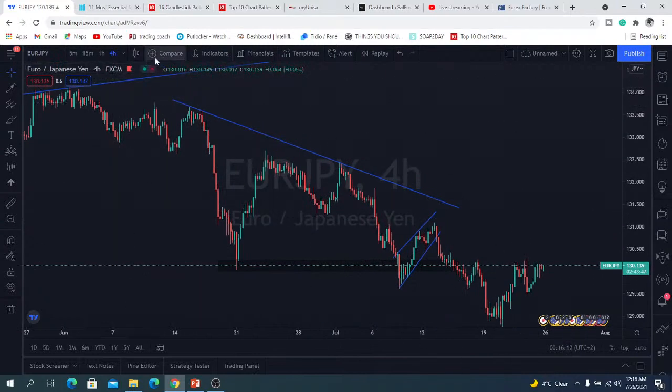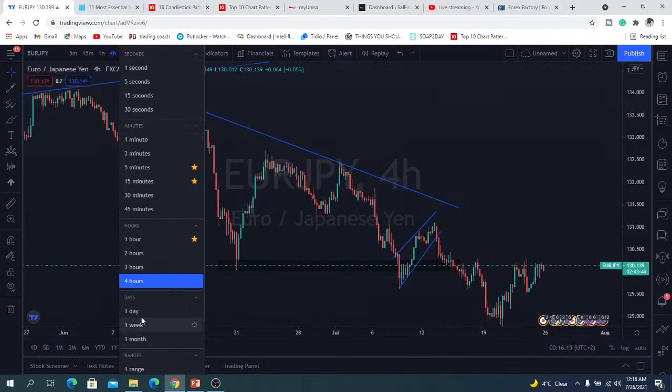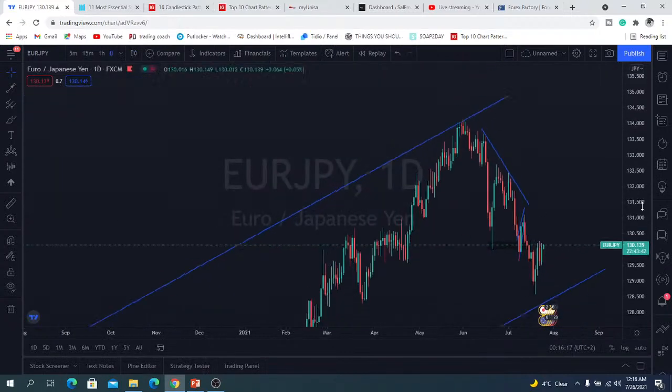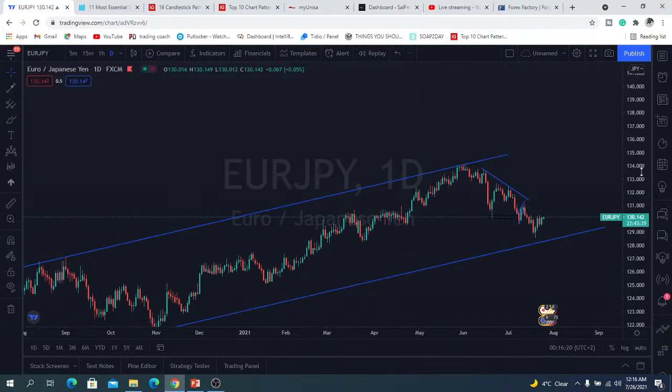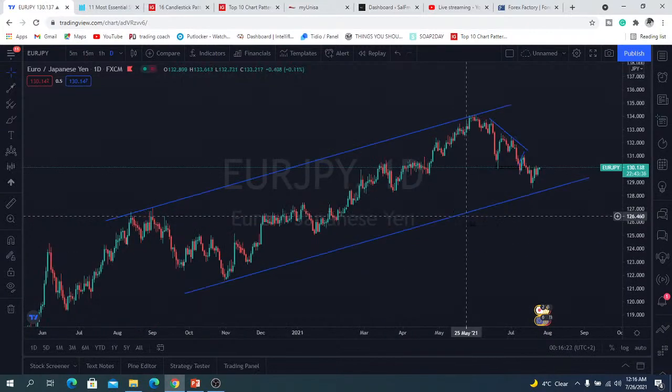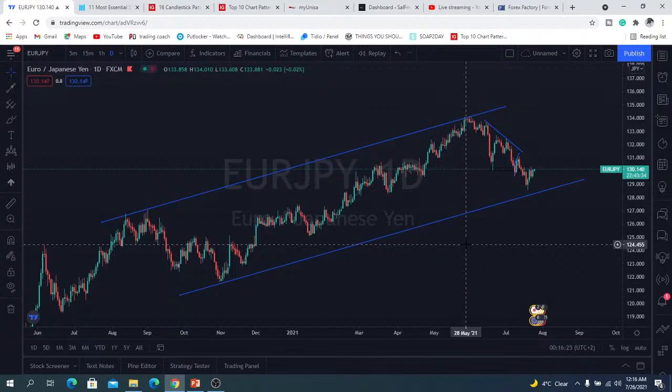Now let's move. Here I have Euro JPY opened. The structure again, on a higher time frame, we are looking for a trend. Currently we are on an uptrend.